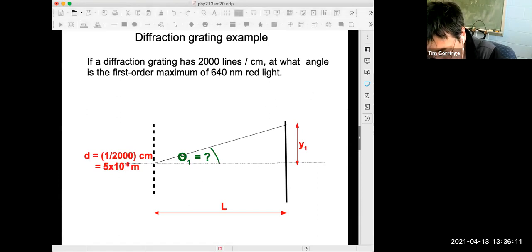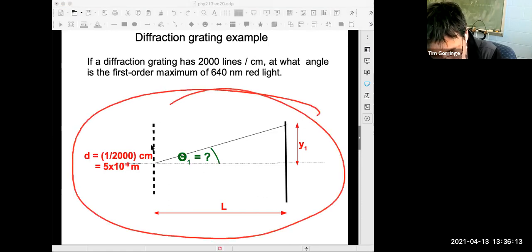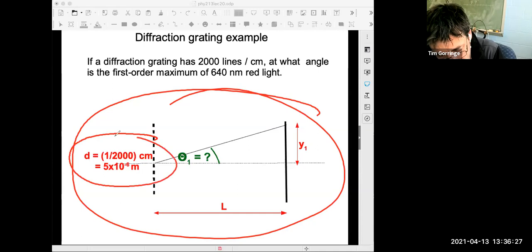I made a sketch here. Here's the diffraction grating on the left, all the little slits. Here's the screen over here on the right. And here's the separation d between the slits of the diffraction grating. As I say, it's the inverse of the number of slits per centimeter.